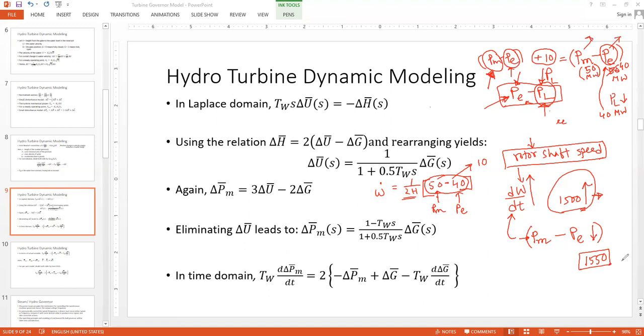What should be your reference speed? Let's say if I talk about some control mechanism, what should be your omega ref? In general, reference value means the value at which I want the variable to be fixed. Okay, now tell me, what should be the reference speed for a synchronous machine?